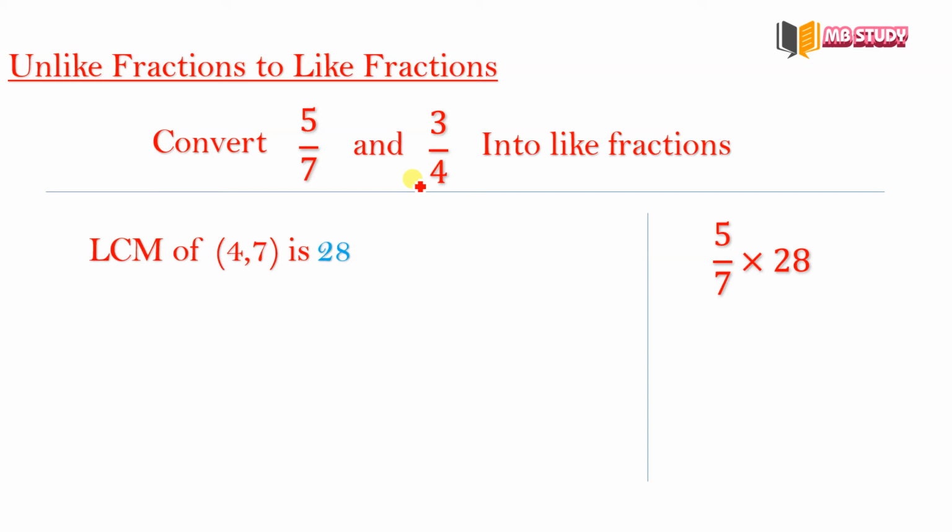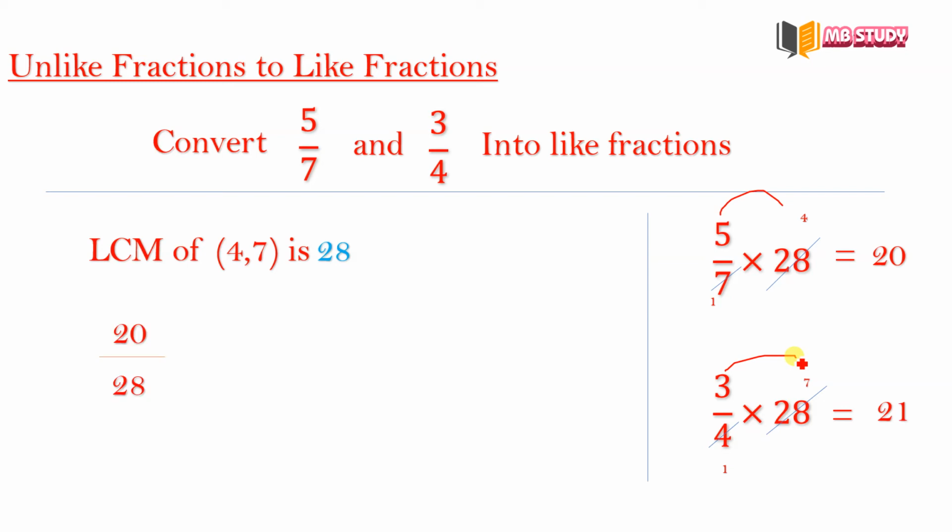So look here. 5/7 into 28. 7 ones are 7, 7 fours are 28. Now we multiply these two: 5 into 4 equals 20. One numerator we have. Next, the second fraction is 3/4, and our LCM is 28. 4 ones are 4, 4 sevens are 28, and we multiply these two: 3 into 7 is 21.